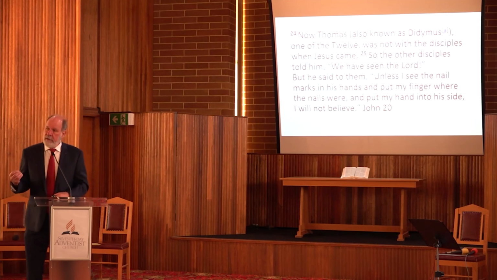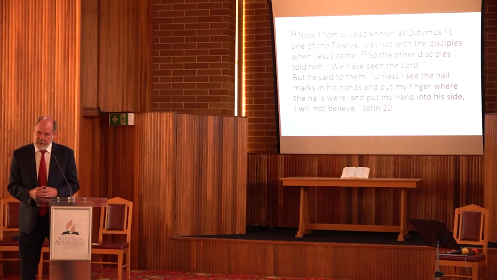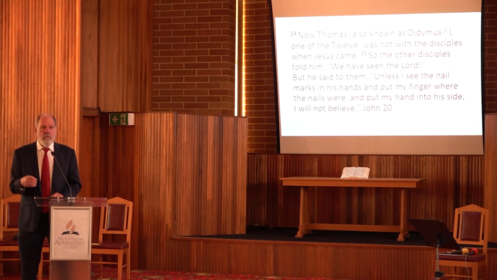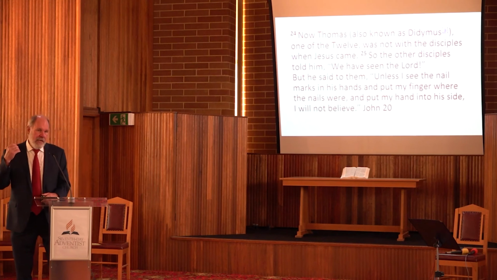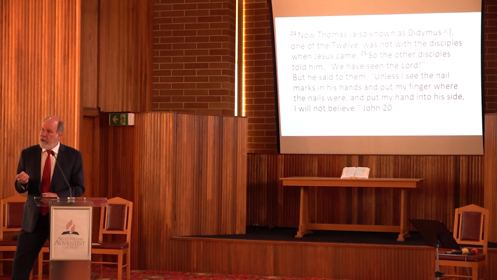Now, what you probably don't realise is that Thomas is certain that I don't want to see something that looks like Jesus. I don't want to see an apparition. I want to be complete. Not only do I want to see a being that looks like Jesus, but I want to be satisfied that physically it is truly Jesus. You understand?